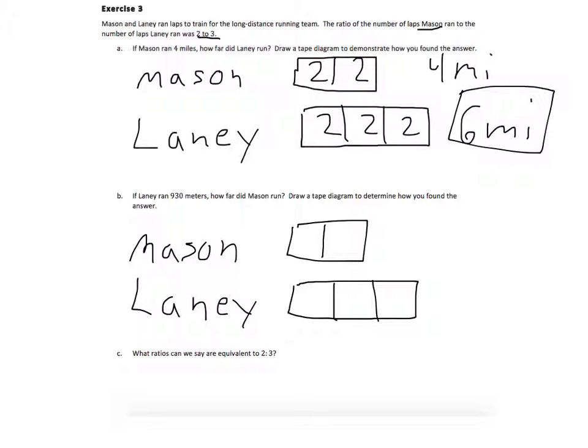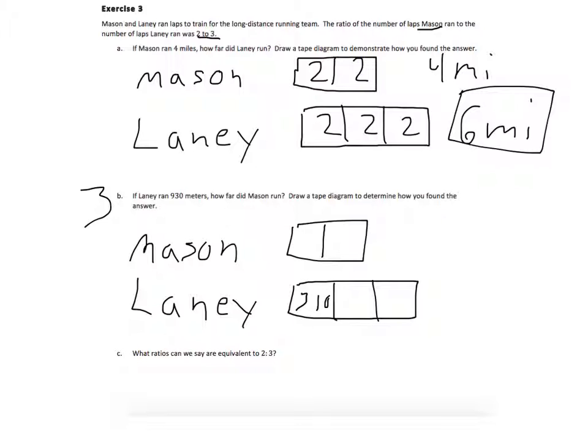Now, we just need to figure out how many meters Laney would have to run in each of her sections. So we need to figure out how much each section would be to total up to 930. Well, to do that, we would need to split her 930 into 3 even pieces. So we can take 930 and divide it by 3. And 930 divided by 3 is 310.